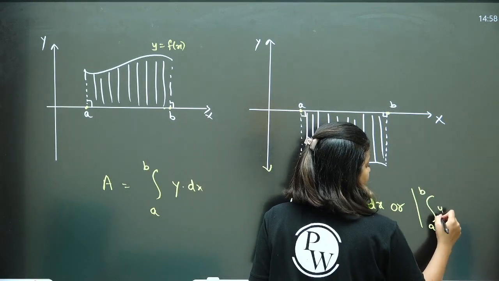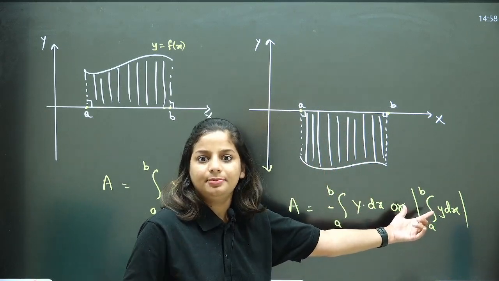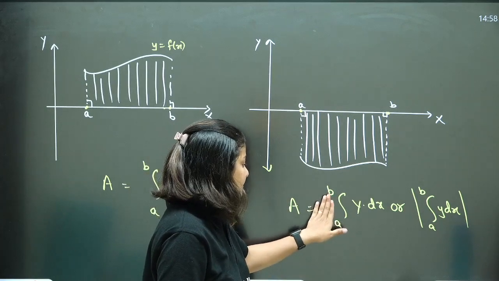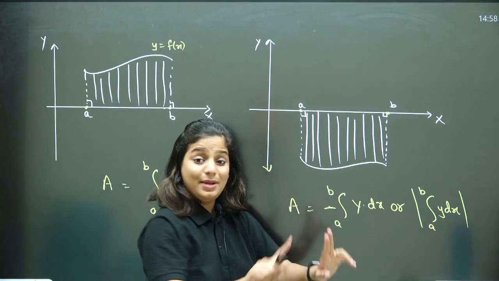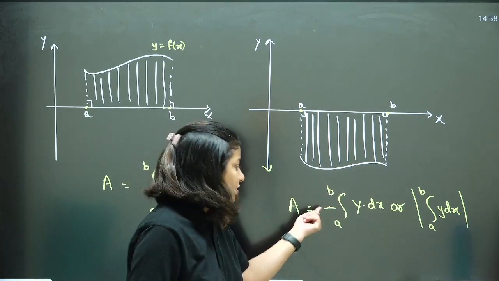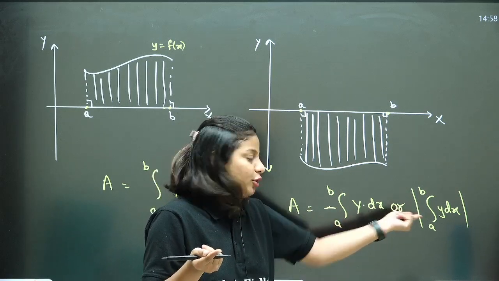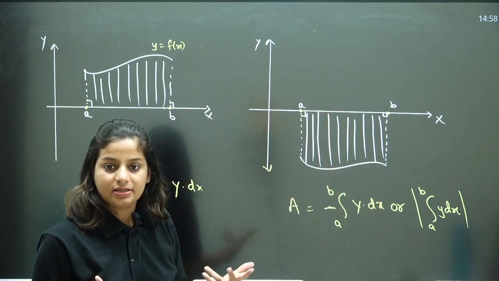Let's say you get an answer as minus 16, make it plus 16. Mod means absolute value. If the area is minus 16, minus of minus will make it plus 16. So either you yourself give one more minus, so minus minus becomes plus, or you take a mod, whenever the area is coming out to be negative.